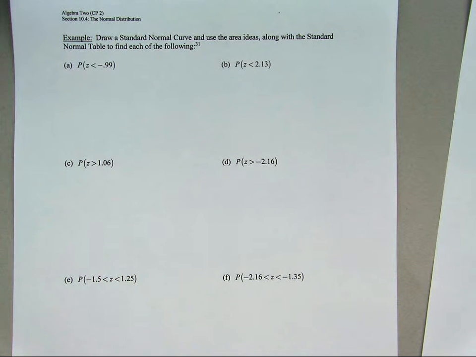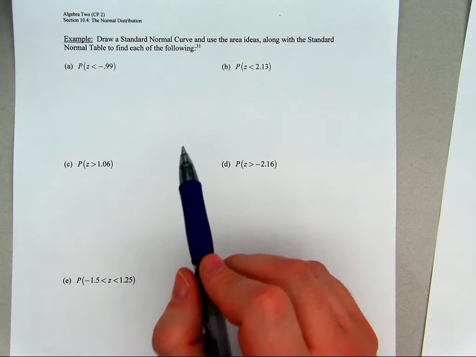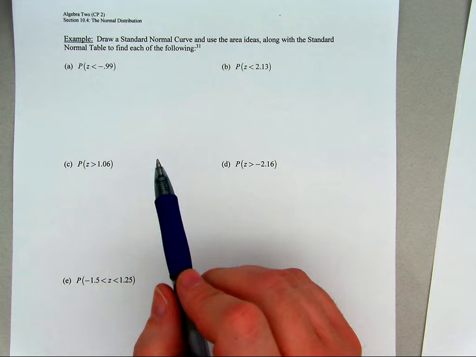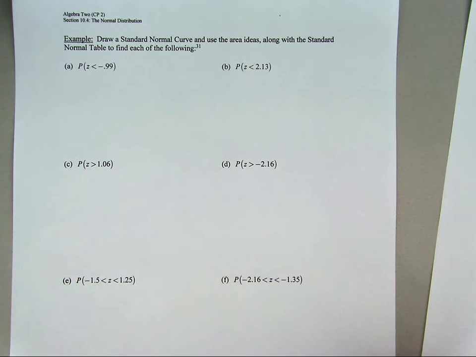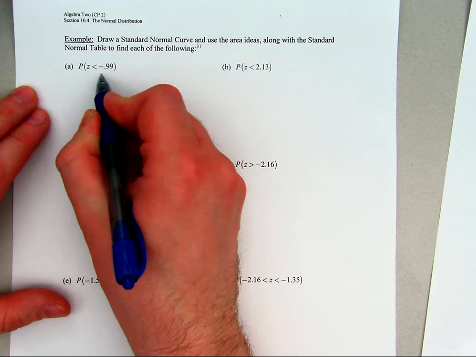Looking at page 31, we're told for each of these problems we need to first draw a standard normal curve, and then using our area ideas, along with our standard normal table, we're supposed to find each of the following percents of data. In part A, I want to find the percent of data where the values are less than negative 0.99.